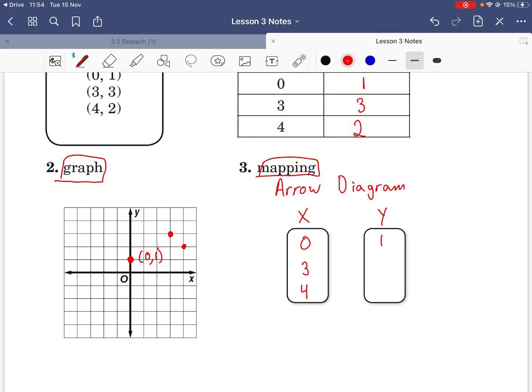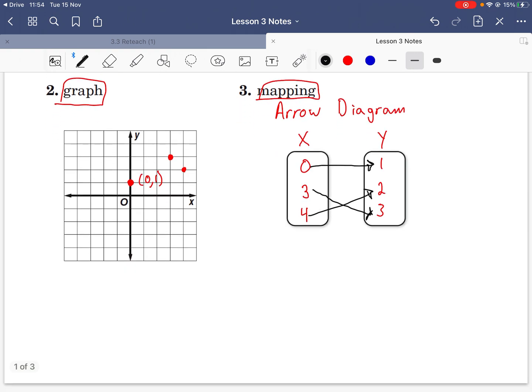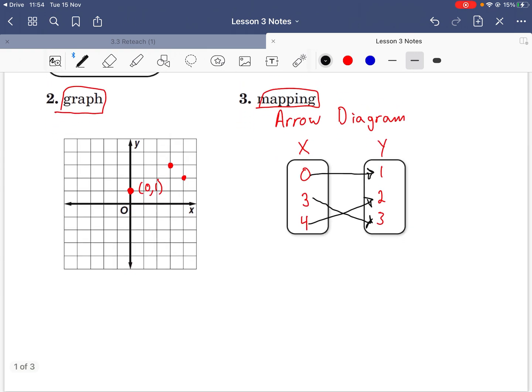And we can list the other values out: 1, 2, and 3. And it doesn't have to be in the same order that it was given to us. So we're just drawing arrows to show that 0 goes with 1, 3 goes with 3, and 4 goes with 2. Okay? So this is another way that we can show this with mapping, also known as an arrow diagram.